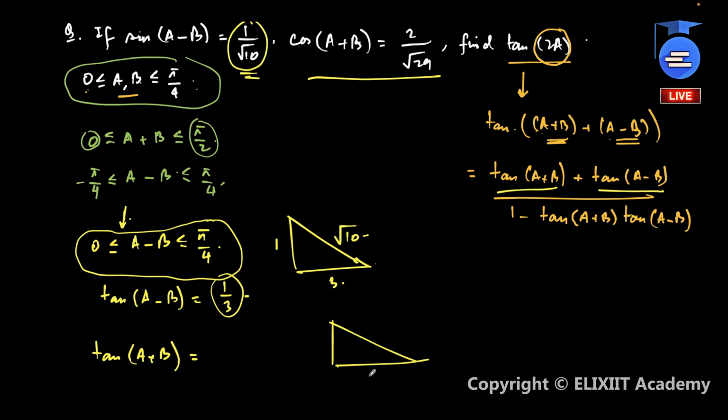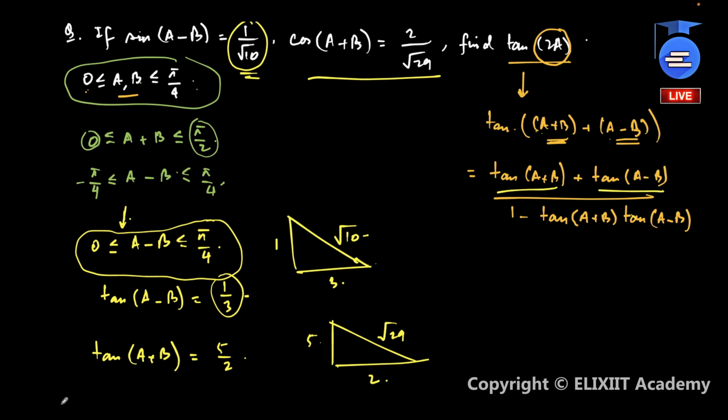So base is 2 and hypotenuse is √29. So perpendicular is how much? 5. Perpendicular is 5, so tan A plus B is perpendicular by base, that is 5/2. Clear?